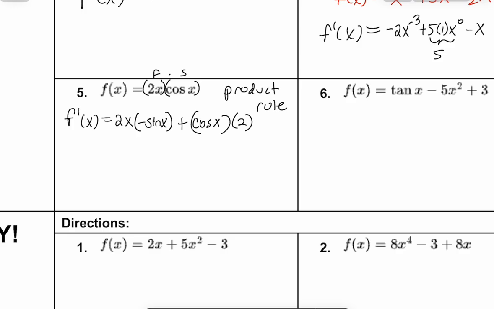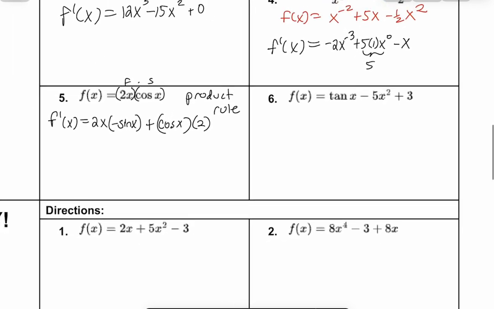Now, if you do more simplification than I did, so be it, great. But all of these, I don't care about simplification at this time. I care, can you do the process? Simplification will come when we start to do more applications in chapter 3. In chapter 2, can you do this process?